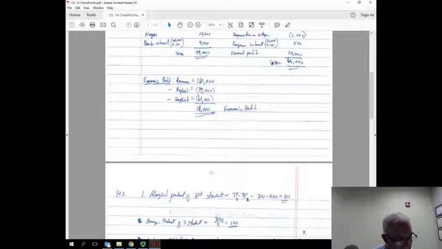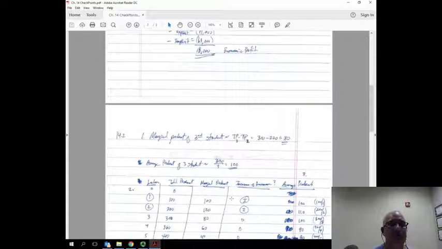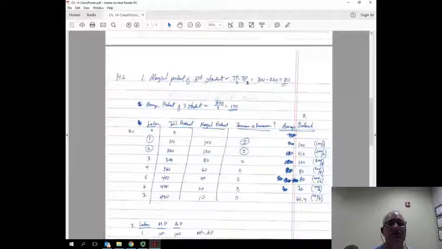And then it gives us a table with the number of students and the total product, which is the same thing as output of pineapples per day. Okay, first thing it wants us to do is calculate the marginal product of the third student and the average product of 3 students. Okay, so first we'll look at the marginal product of the third student.